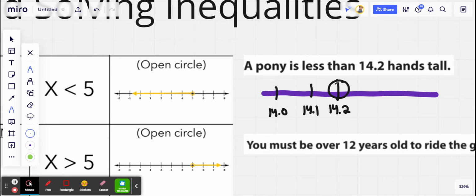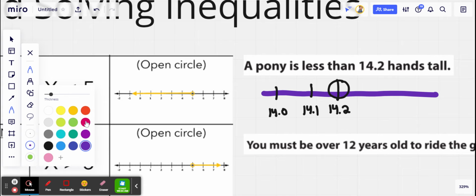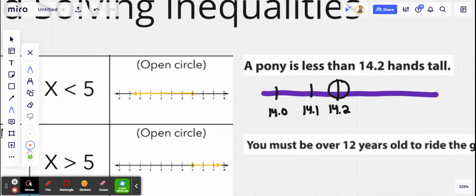So in this case, we would do right here, open circle, and let me use a bigger line here. And we would draw an arrow this way. There's our circle. It's not closed in, but it's less than. All right, let's take a look at this one.